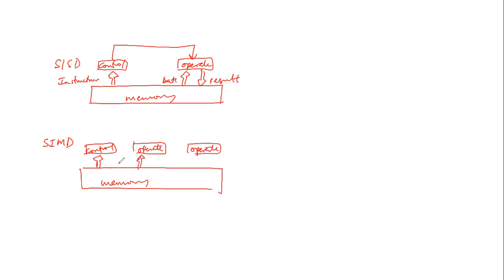This is data, this is instruction here, then we have result, then here we have data, and here we have result. So this can either operate on this or this.